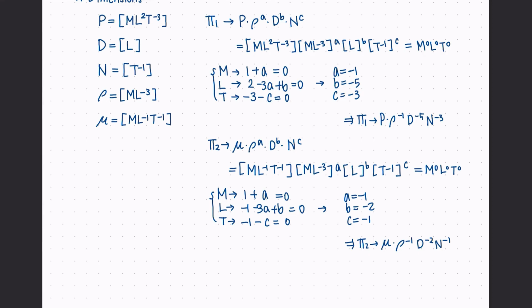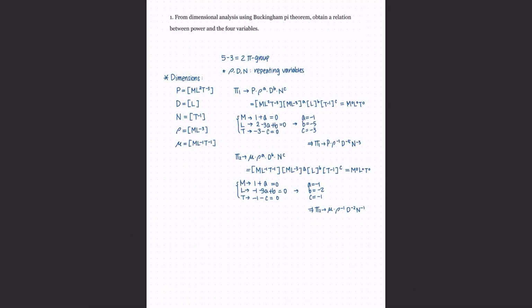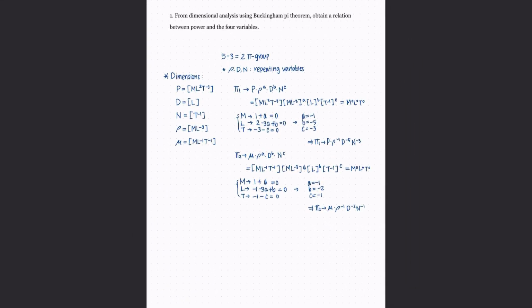I split these multiplications into each term and made the exponent of each term equal to 0. So the second pi group ends up having viscosity mu times rho to the negative 1 times d to the negative 2 times n to the negative 1. Now we have two pi terms, so we can move on to the second part of the problem.